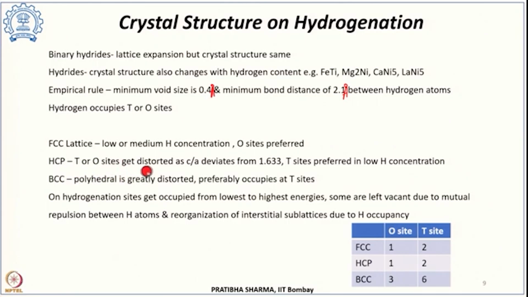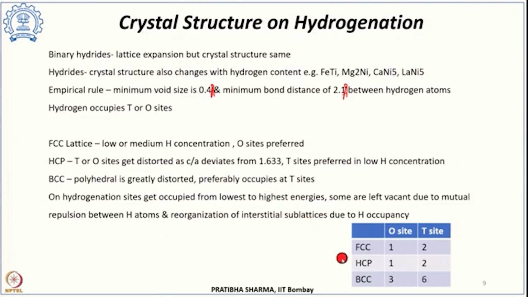This distortion occurs as the lattice parameter ratio C/A deviates from 1.633, and under low concentration of hydrogen, hydrogen will preferably occupy the tetrahedral sites in the HCP crystal lattice. Similarly, in the BCC crystal lattice the polyhedra get highly distorted because of the incorporation of hydrogen atoms, and hydrogen will preferably occupy the tetrahedral sites.